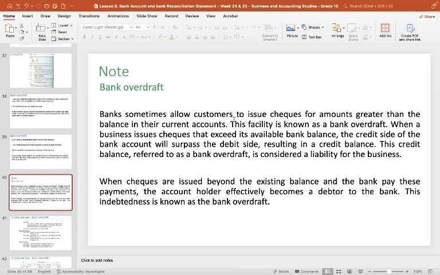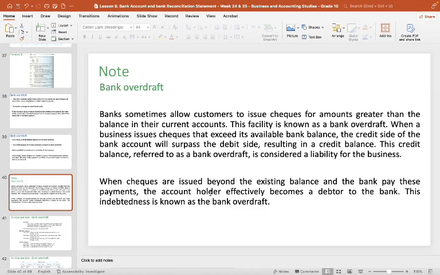I will read out the note, then you can write this note, okay? Banks sometimes allow customers to issue checks for amounts greater than the balances in their current accounts. This facility is known as bank overdraft. When a business issues checks that exceed its available bank balance, the credit side of the bank account will surpass the debit side, resulting in a credit balance.